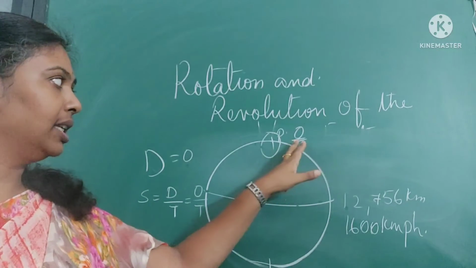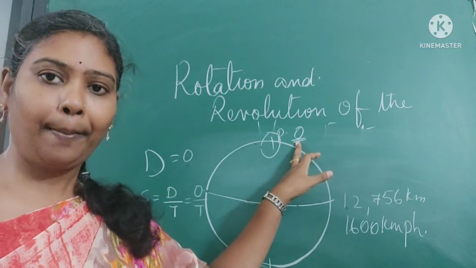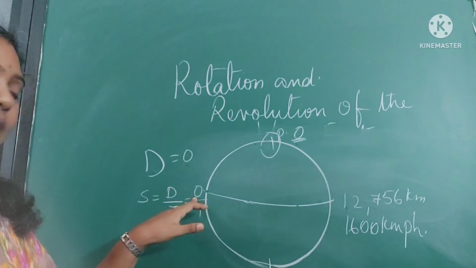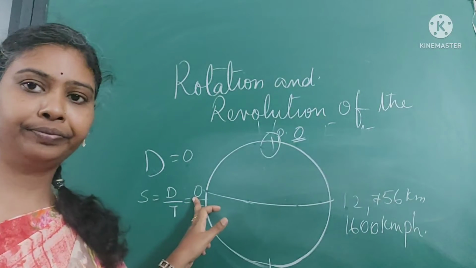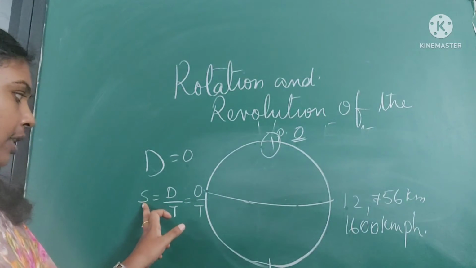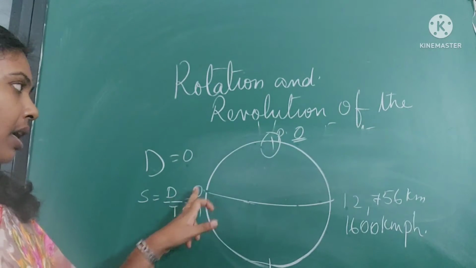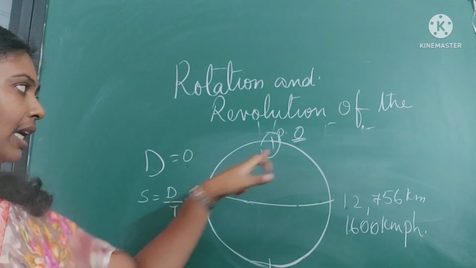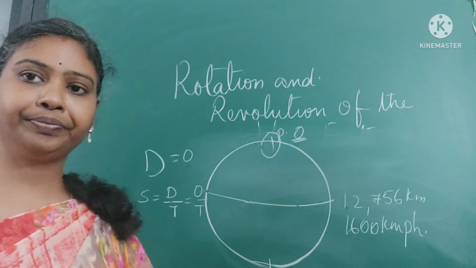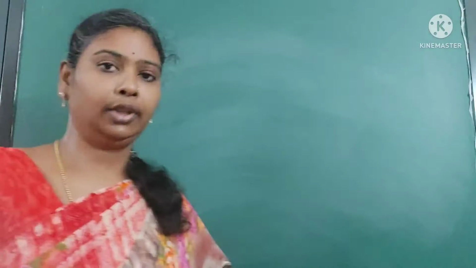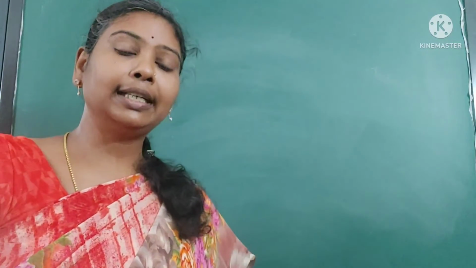At the poles we have seen it is 0 kilometer per hour since the distance is 0. So we have substituted speed is equal to distance by time. Distance is 0. 0 by time is again 0. Right?